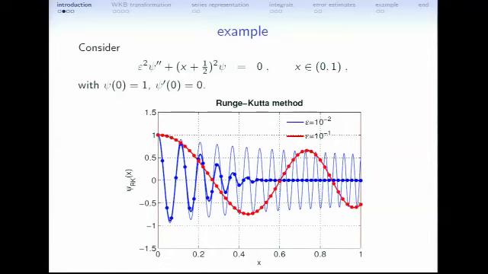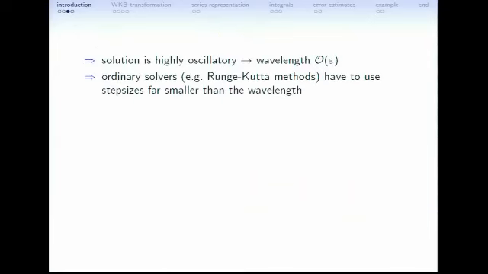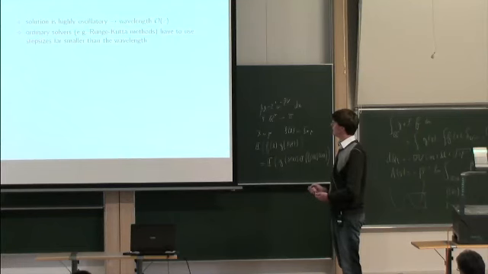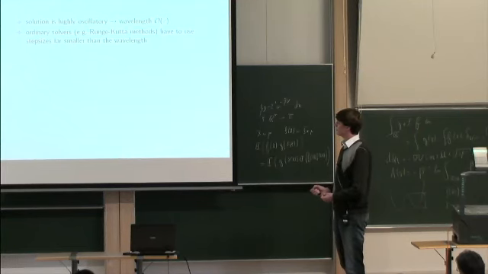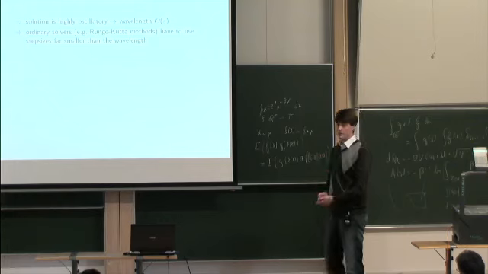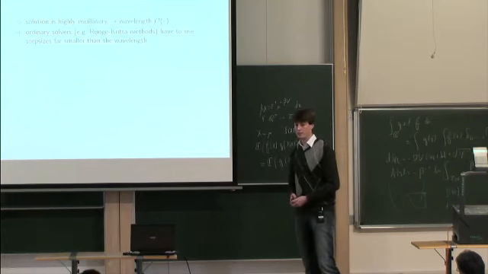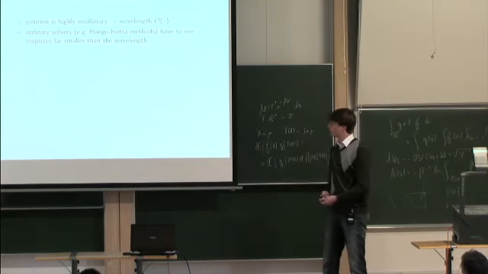The reason is that the solution is highly oscillatory, and the wavelength is of order epsilon. This Runge-Kutta method needs to really resolve these oscillations, and this was not the case for the blue line.